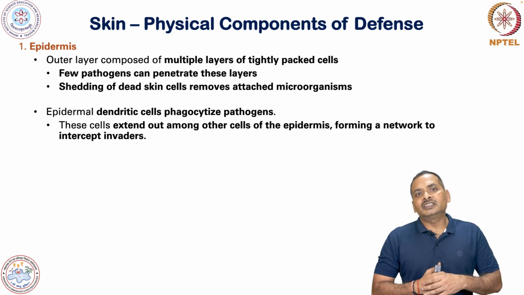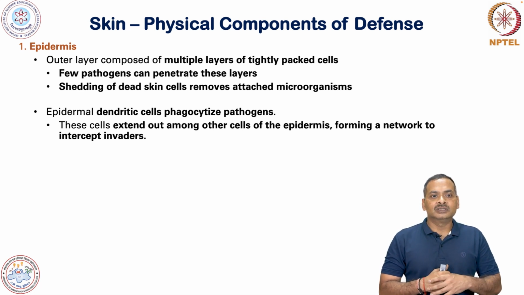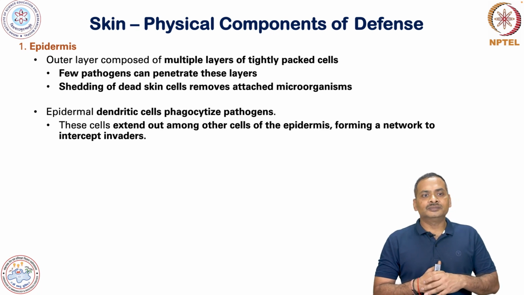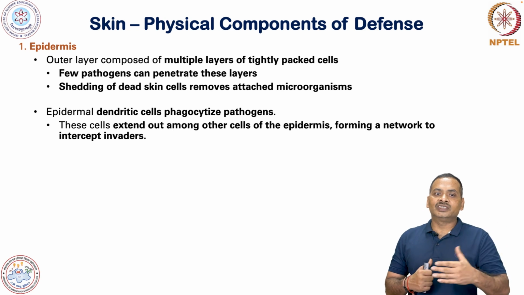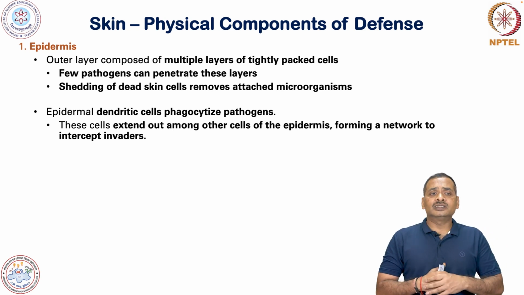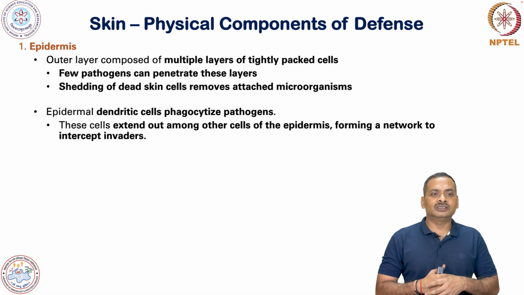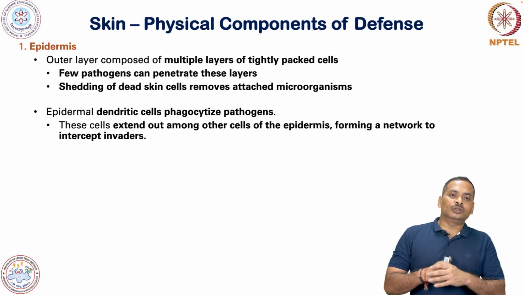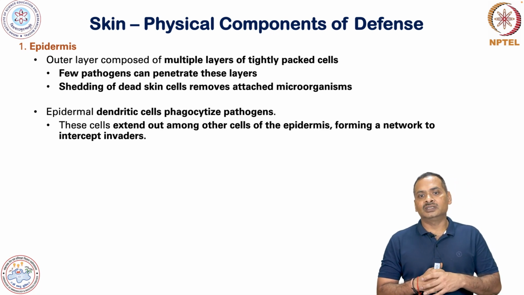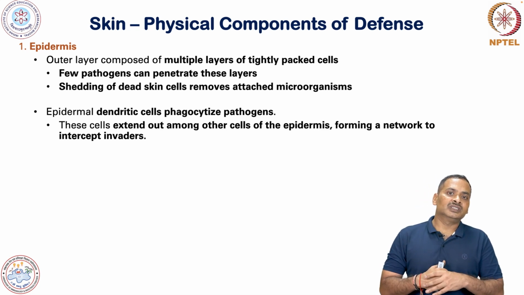You remember that there are specialized phagocytic cells in the skin, in the epidermal layer, which we call Langerhans cells. These dendritic cells in the epidermal layer phagocytose pathogens, and they extend out among other cells in the epidermis, forming a network to intercept invaders.